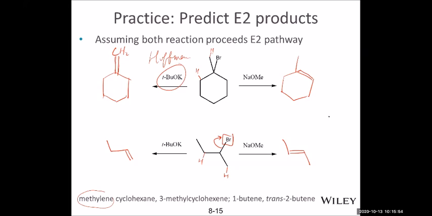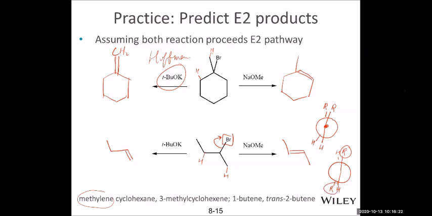If you draw the Newman configuration, the cis looks like this. Remember the carbon is trigonal planar. You don't have the other group. Whereas trans is R, H, H, R. These two bulky alkyl groups stay away from each other, less steric repulsion, so they're more stable.